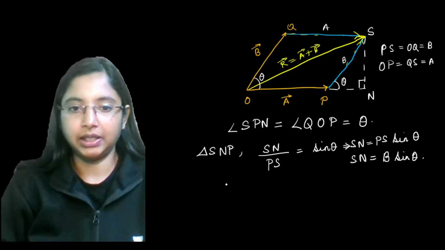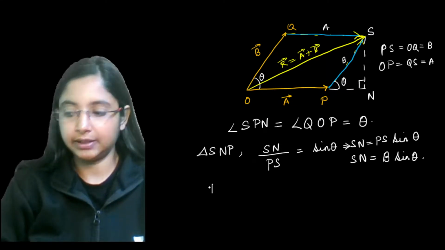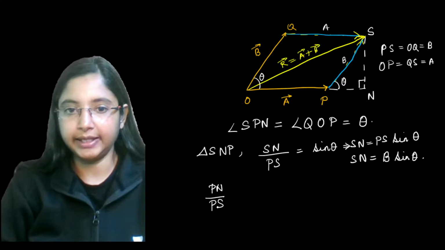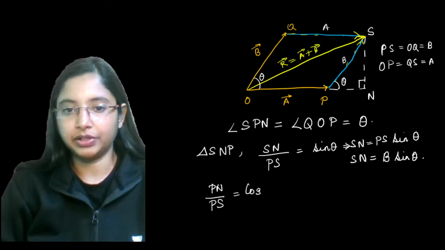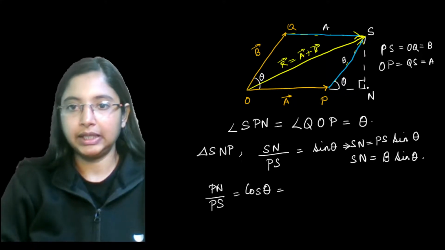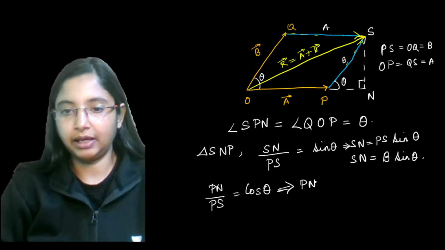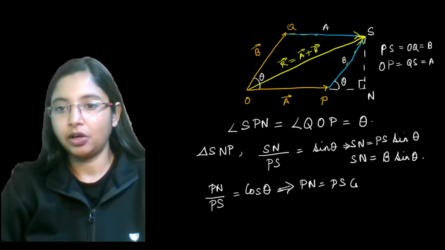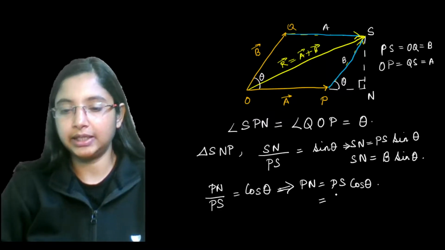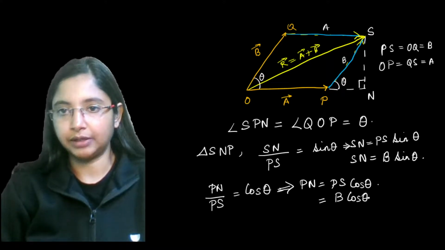Similarly, if you take this side, PN divided by PS will be equal to cos theta. If I take this angle with this angle, you get cos theta, which implies that PN will be equal to PS cos theta. What is this PS over here? Again, this is B. So you get B cos theta.